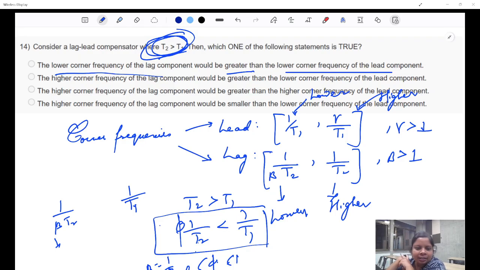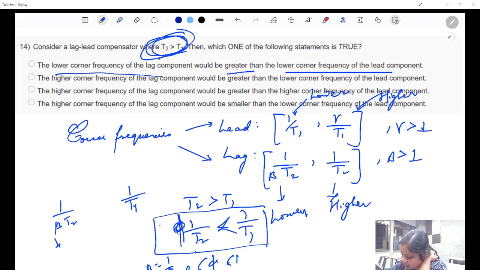And then we have another factor coming in, which is phi. What would phi do? Phi lies in between 0 and 1. So 1 by T2 is already less than 1 by T1. Phi would reduce 1 by T2 even more. So this should hold true, right?